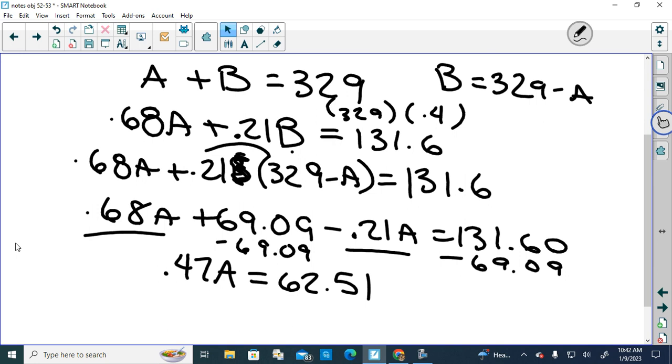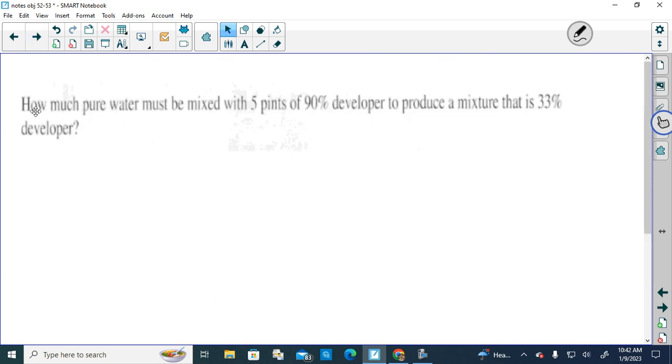Anybody get it yet? 133. So again, if we wanted the B solution, then you could just plug it back up into here and subtract it over to get the other one. If they wanted both of them, then you would have it. Okay, good.